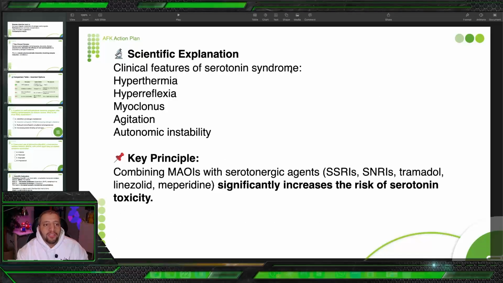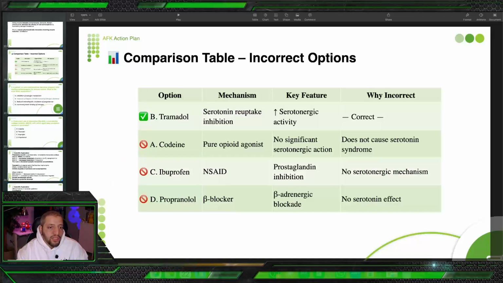Clinical features of serotonin syndrome: hyperthermia, hyperreflexia, myoclonus, agitation, autonomic instability. So a combination of MAOI with SSRIs, SNRIs, tramadol, isoniazid, or meperidine significantly increases the risk of serotonin toxicity. Let's go back to the options here.